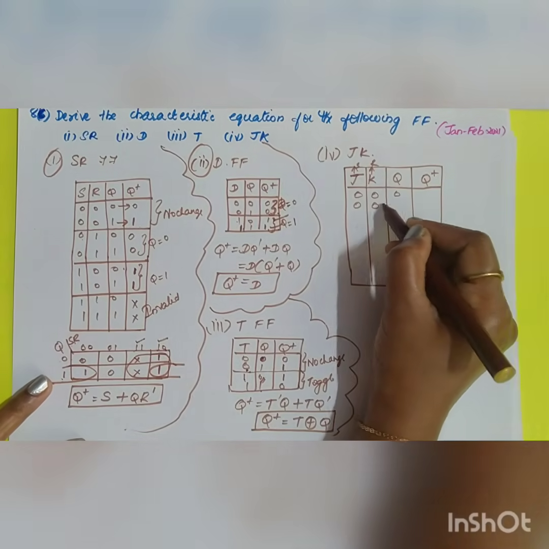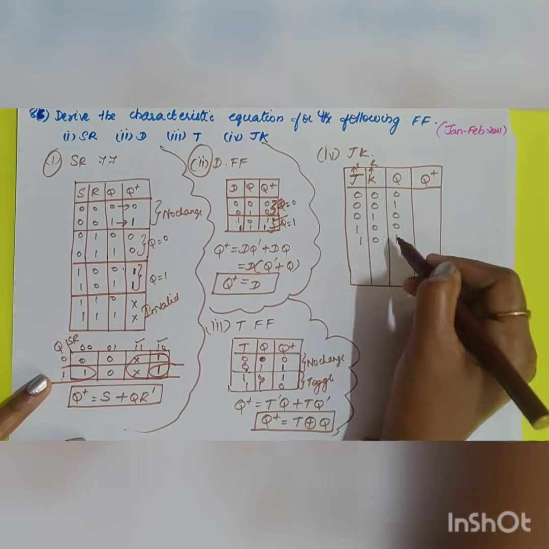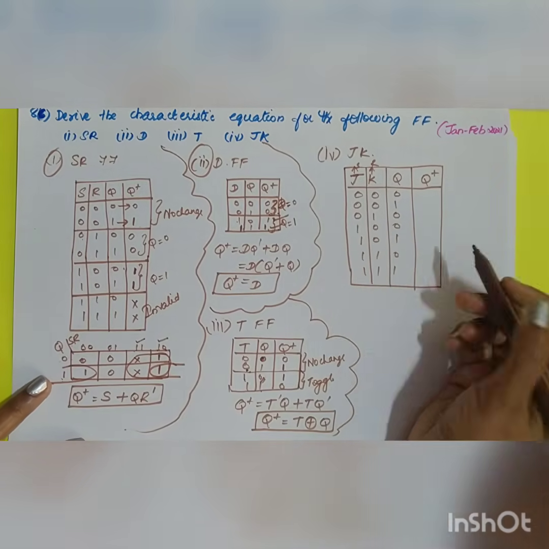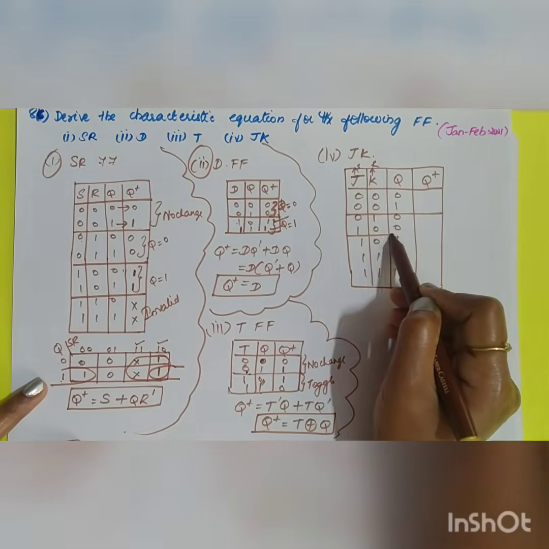0 0 0 0, 0 0 1 0, 1 0 1 0, 0 1 0 0, 1 0 1 1, 1 0 1 1. Okay. When J and K is equal to 0 0, you have two options.